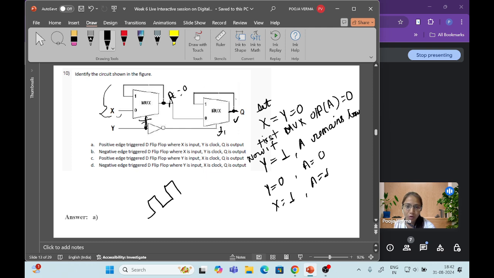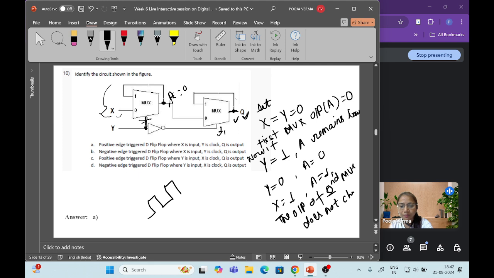So the output of the second mux does not change. Okay, so if we see that by toggling the clock, we will find that Q follows X only. So whatever X we are giving, Q is following, right?